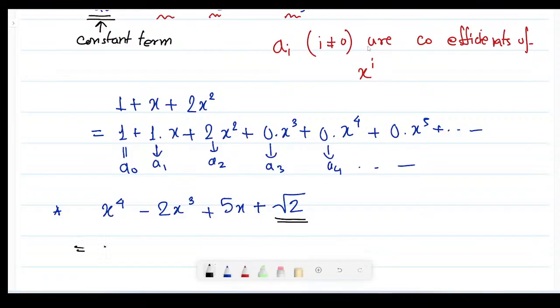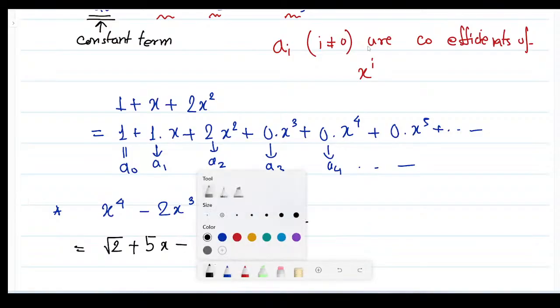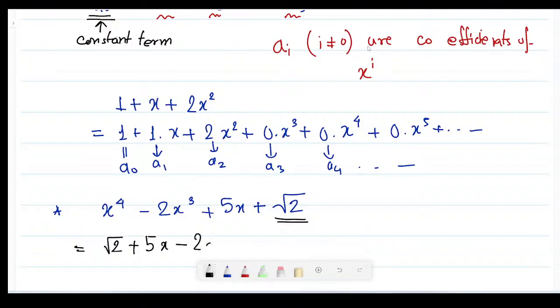So at first we write this, then this variable's power is 1. So secondly we write this, and we arrange these terms in ascending order of the power of the variable, like 5x, then comes minus 2x cube plus x to the power 4.